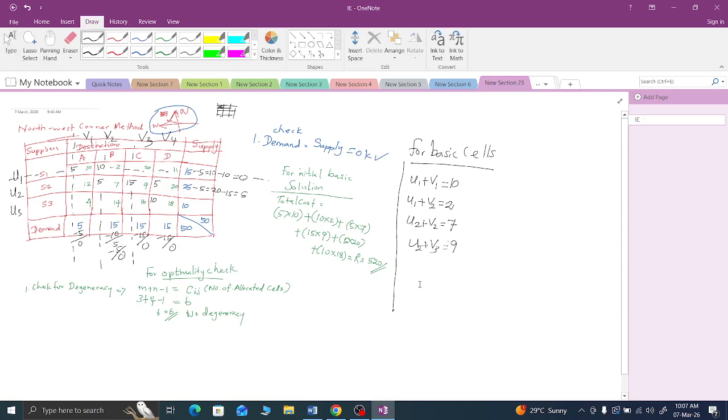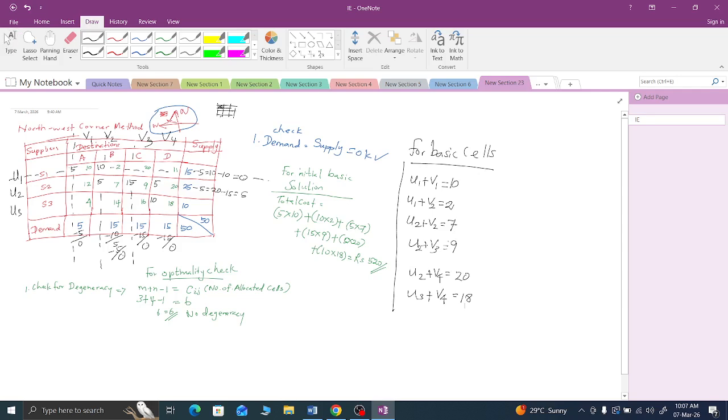Then u2 plus v4 is how much? 20. Then u3 plus v4 is 18. 1, 2, 3, 4, 5, 6. Altogether we got 6 equations.